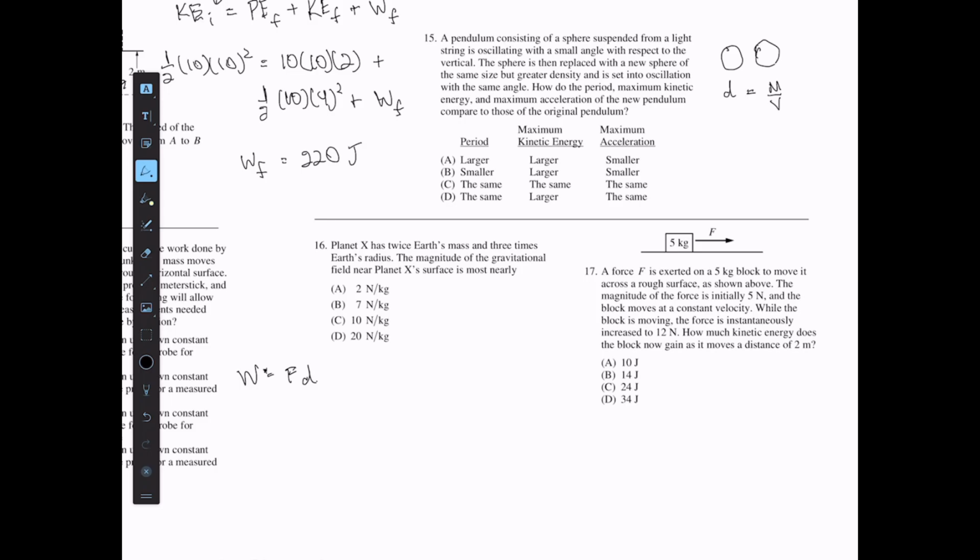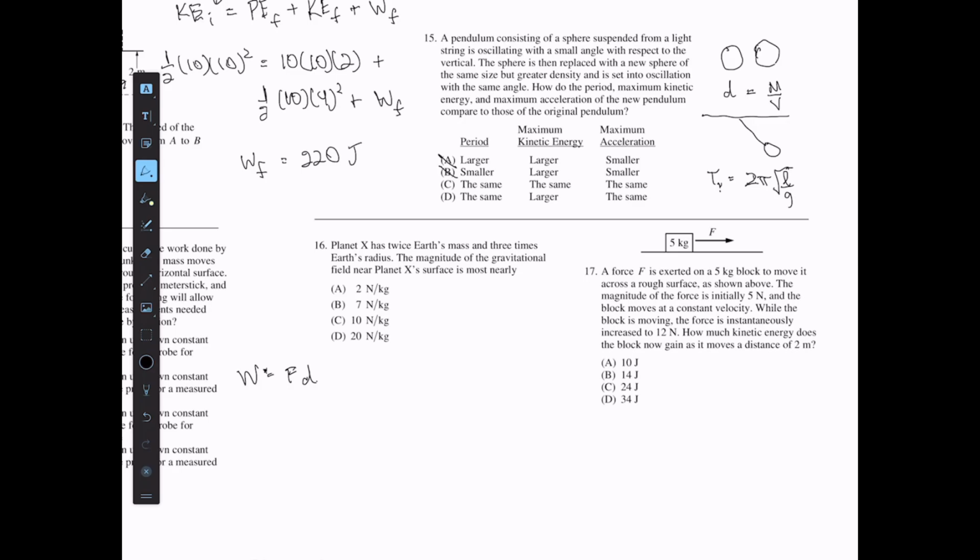So this new sphere has a greater mass, and it's a pendulum. The period of a pendulum is 2π square root of length over g. So it's independent of mass. So period should stay the same.